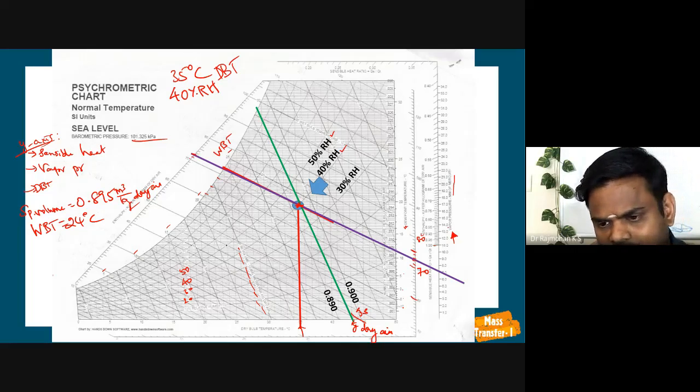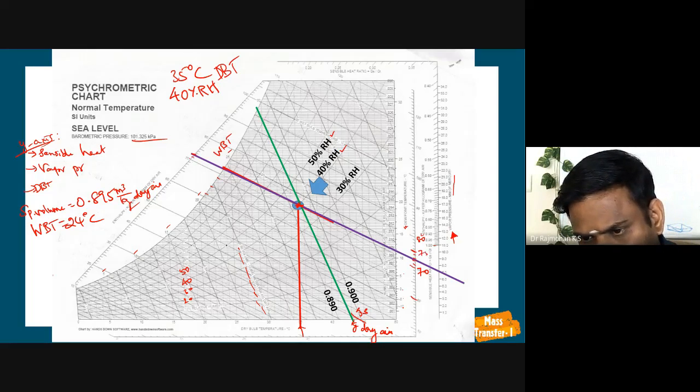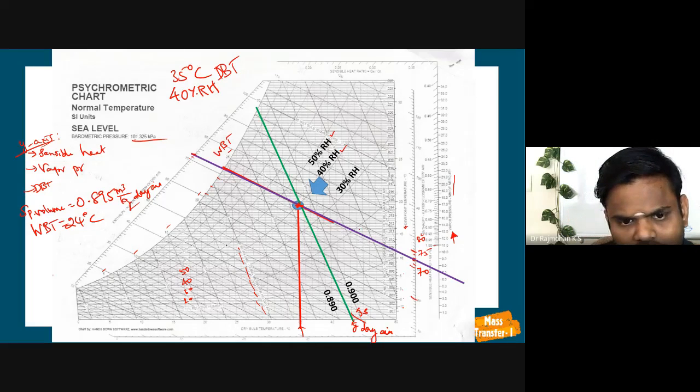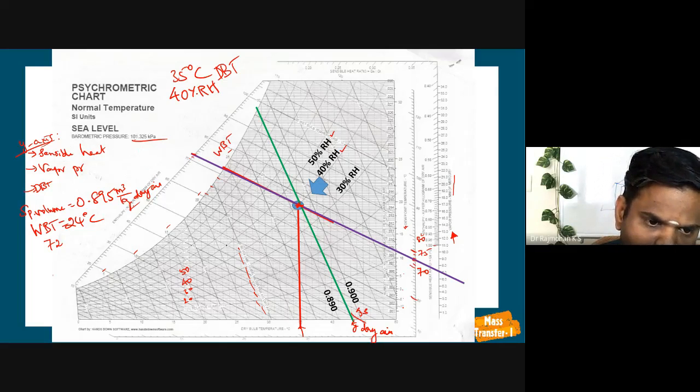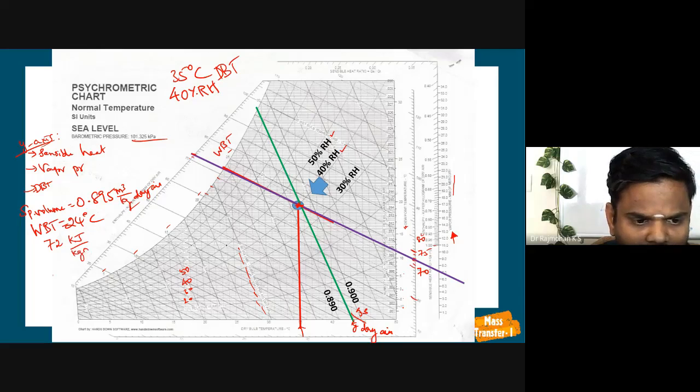So we can say that this is 75, this is 70, and we get around 72. We have 72. What is the unit for this? Enthalpy, kilojoules per kg dry air, is our total enthalpy.